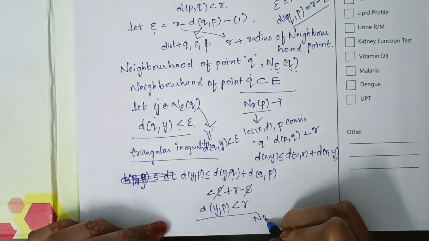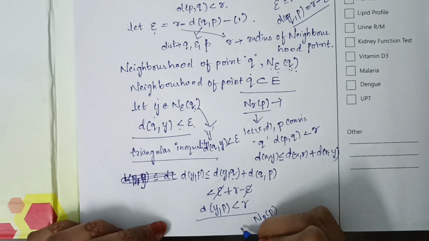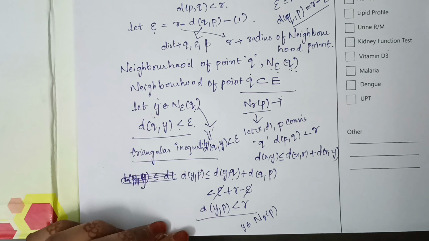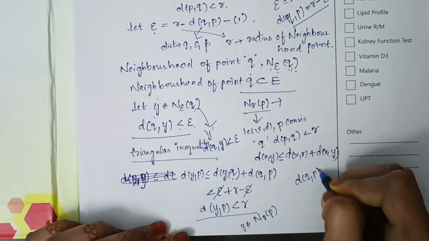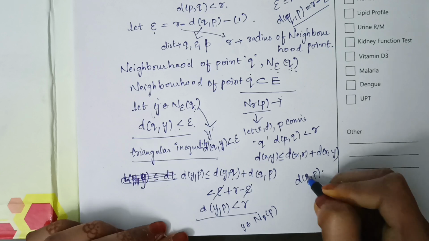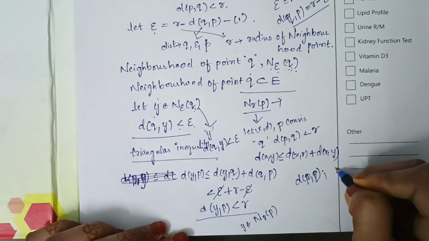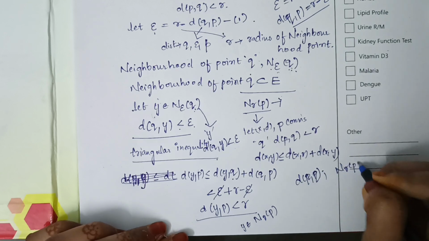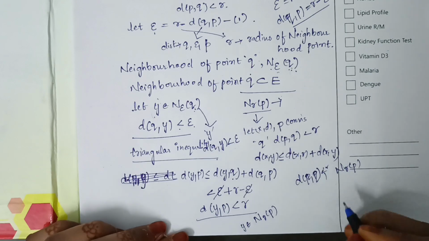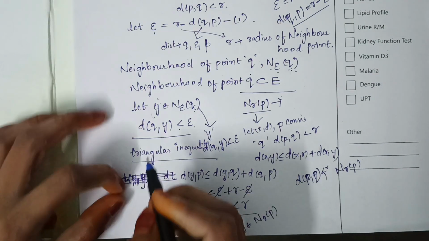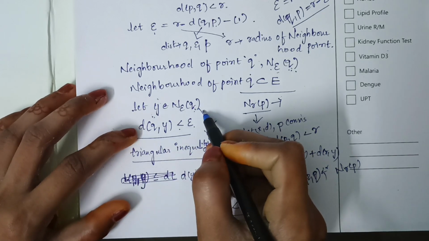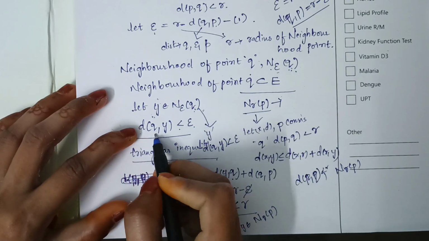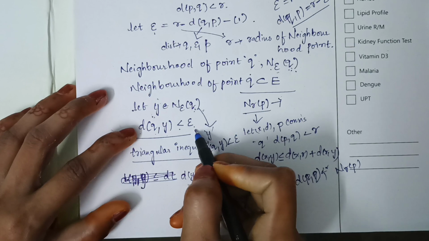I can write this as y belongs to NR of P, right? Because the distance of P comma Q can be written as NR of P. So from this equation, if you see, y belongs to N epsilon of Q. This can be written as the distance between q comma y is less than epsilon.